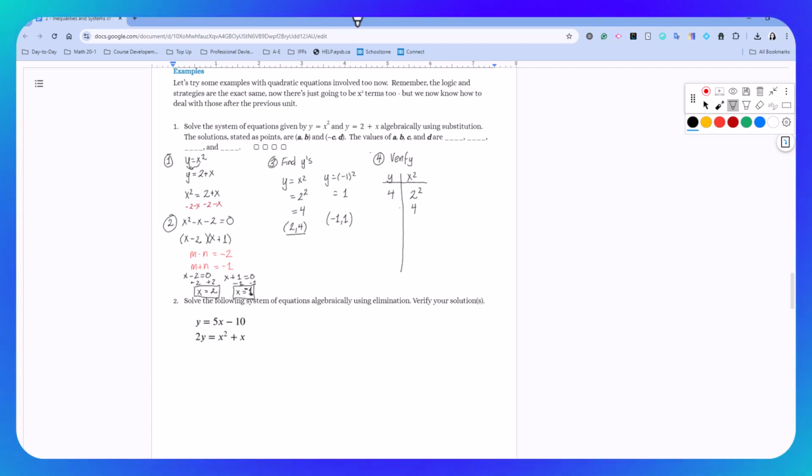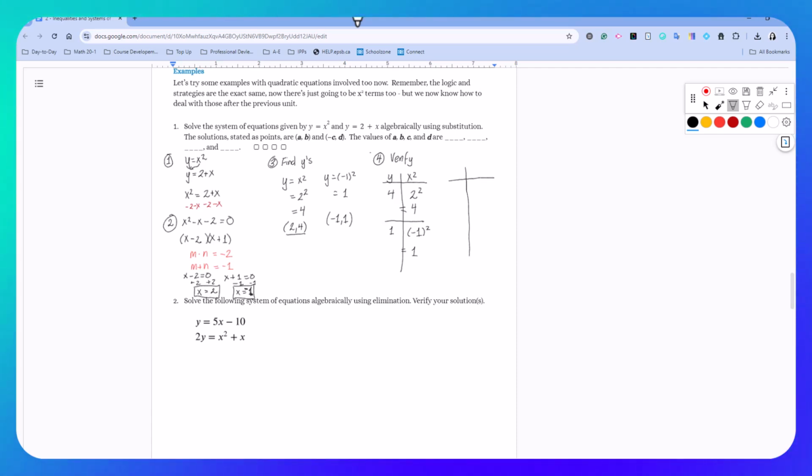And sure enough, that works. Now let's try the other point. In the point negative 1 and 1, y is positive 1, x is negative 1, but when we square it, we get positive 1, and the right-hand side equals the left-hand side.